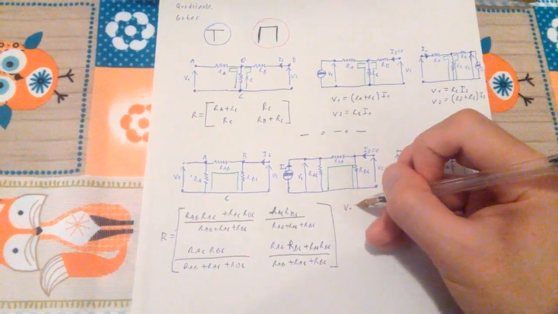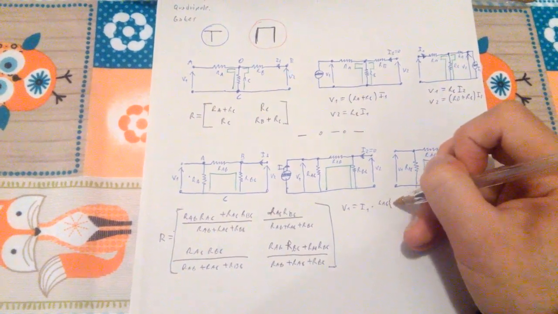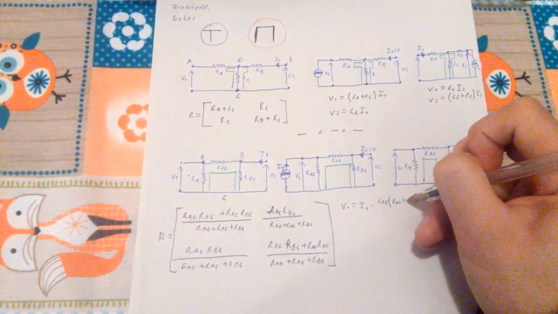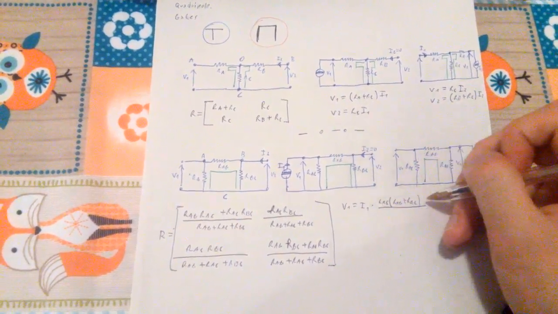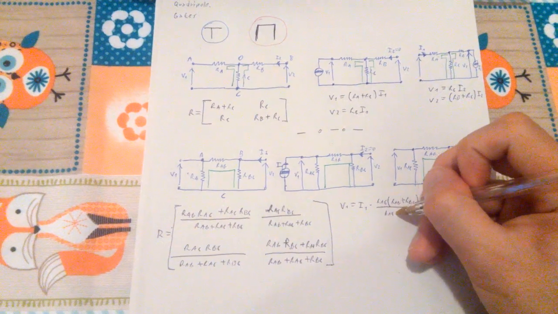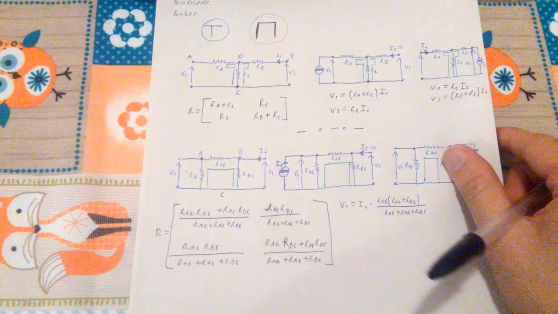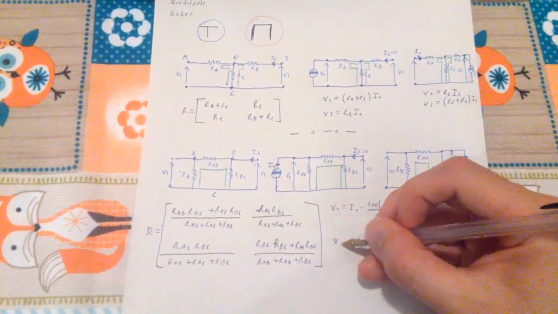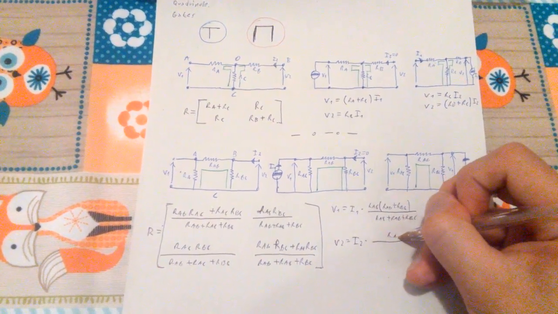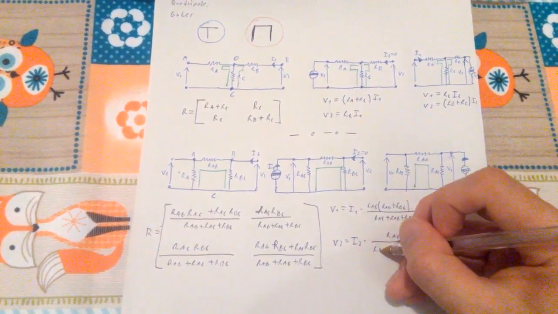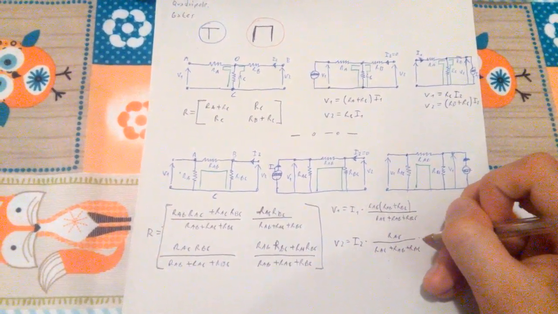Then we will have V1 equal to I1 times RAC times RAB plus RBC, everything over just this, RAC plus RAB plus RBC. And now V2 will be I1 times RAC over RAC plus RAB plus RBC times RBC.